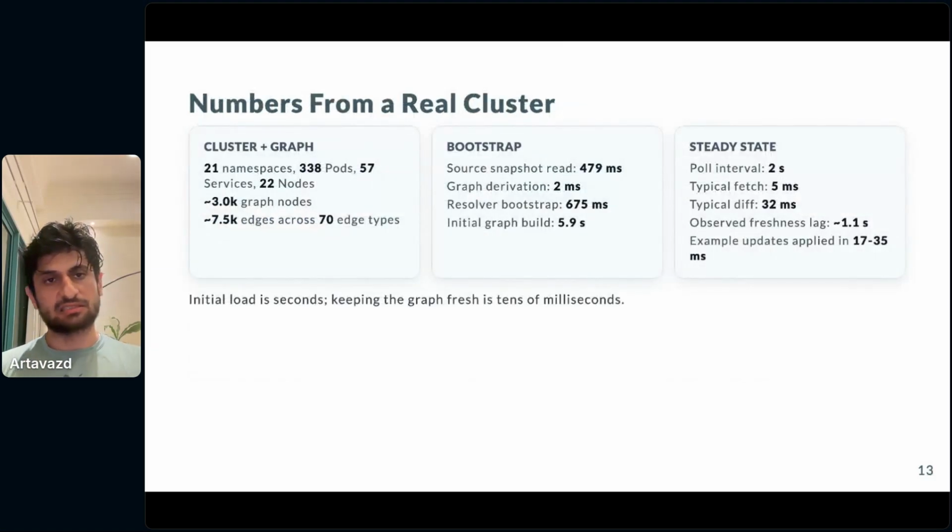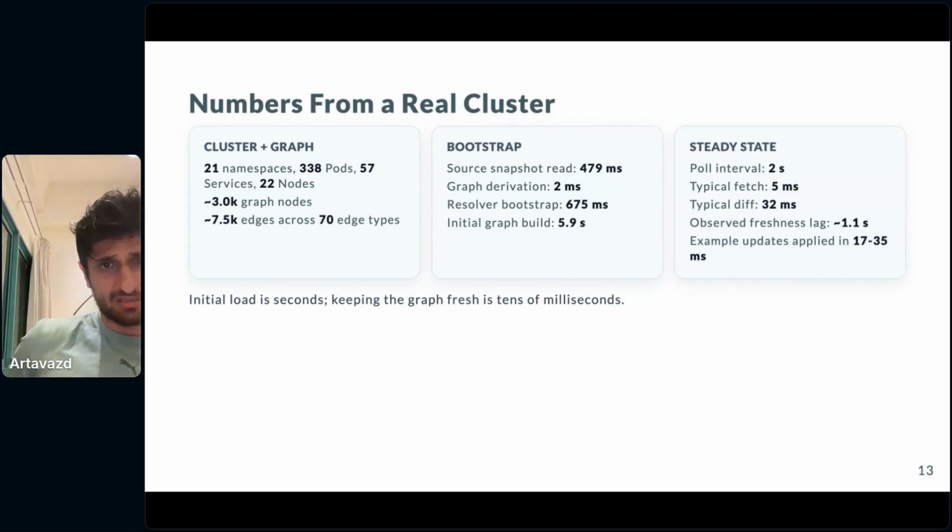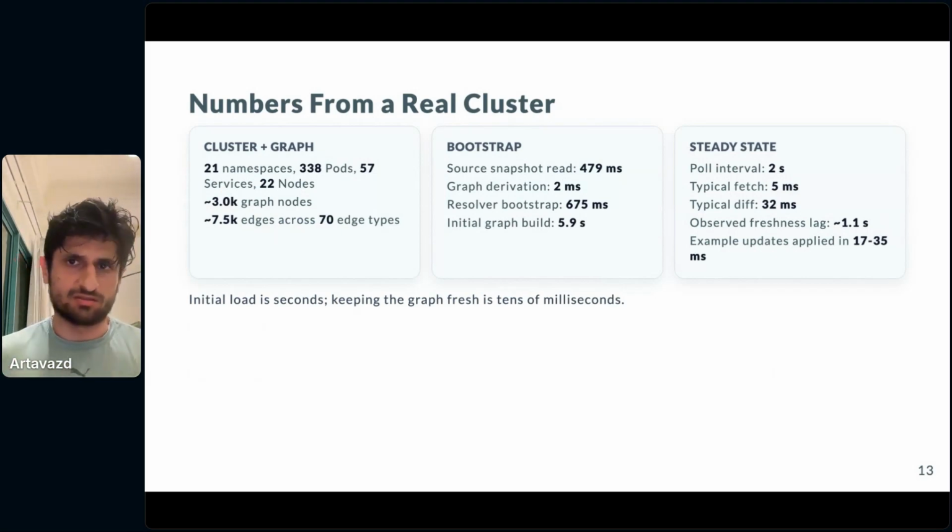These are some numbers from a real cluster. It has around 3K graph nodes and 7.5K edges across 70 edge types. The initial graph build takes almost 6 seconds. Once it is done, in the steady state, a typical diff takes something like 30 milliseconds.